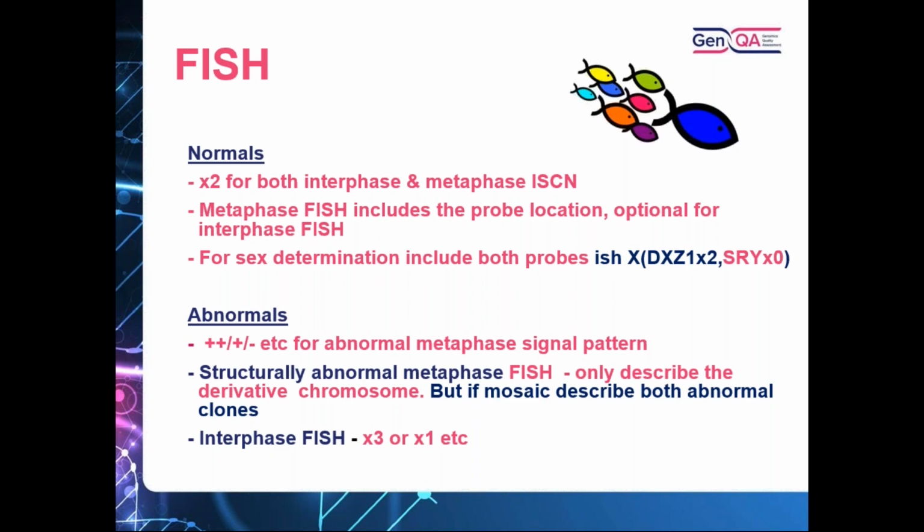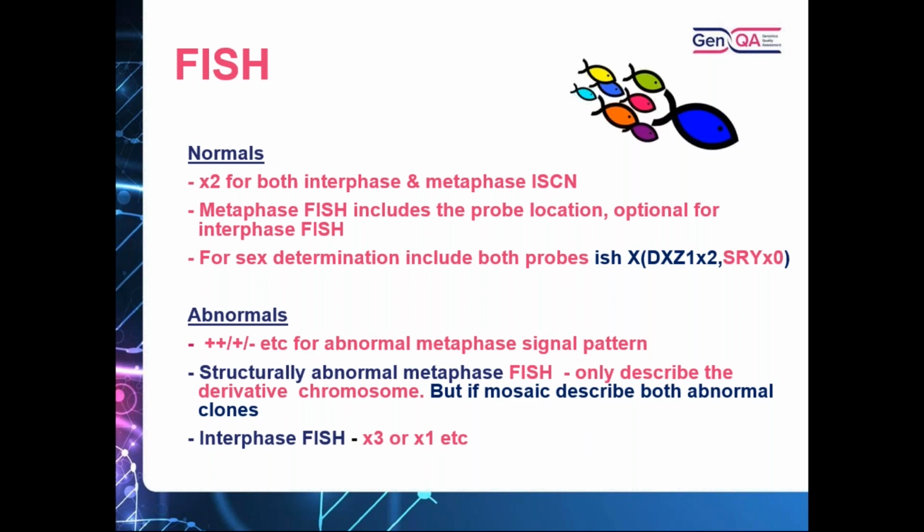Abnormals, for the metaphases, you put plus or minus, or if you've got 2 extra signals, plus plus, or 3, plus plus plus. Structurally abnormal metaphase FISH, you only describe the derivative chromosome. But if it's a mosaic, you describe both the abnormal clones.